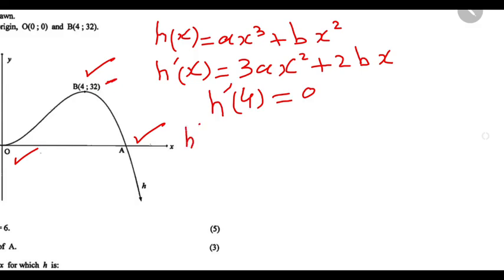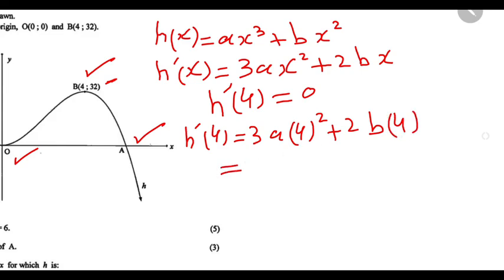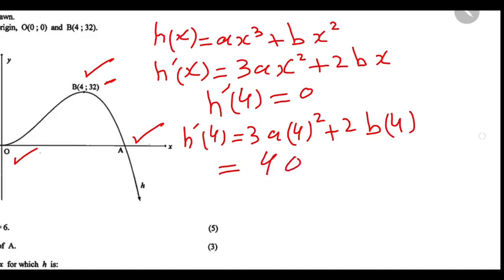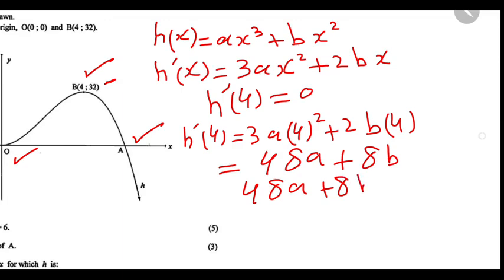So I substitute x equal to 4 into the first derivative and simplify: 48a plus 8b equals 0 because the first derivative is equal to 0 at the turning point. I can divide by 8, so it's going to be 6a plus b is equal to 0. This is my equation number 1.